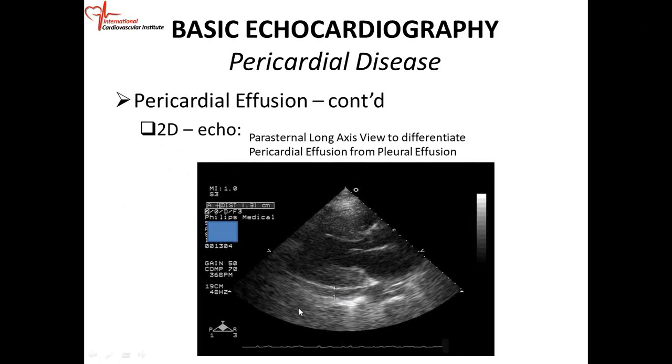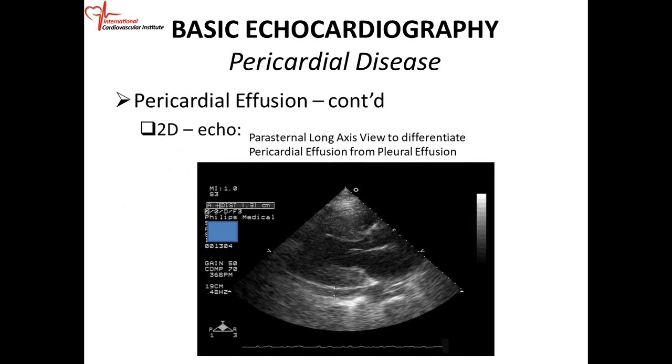So you can measure it. A small effusion is tiny, usually much less than 1 centimeter when you measure it. If the effusion is generalized, circumferential, and is 1 centimeter, we usually refer to that as a large effusion.